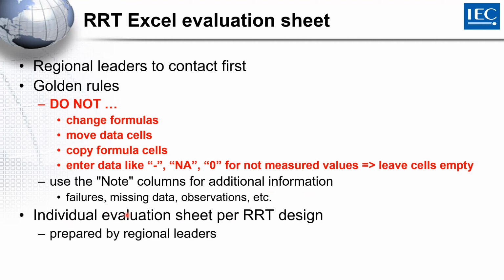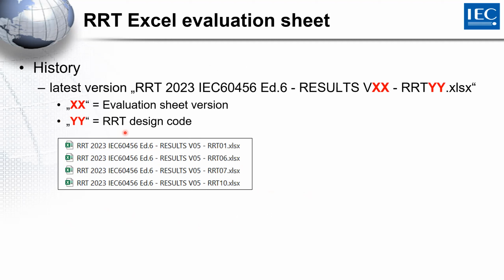As I said in the beginning, we have individual evaluation sheets or files per round robin test design. The files are always named in this manner here, and there you have a version and the round robin design code.